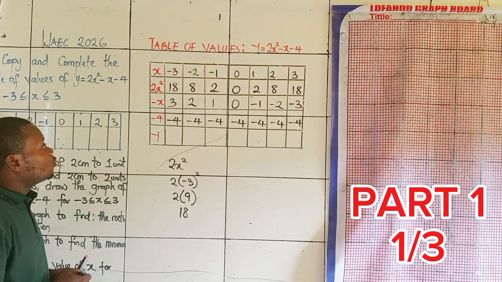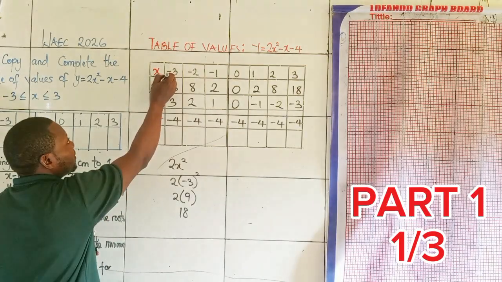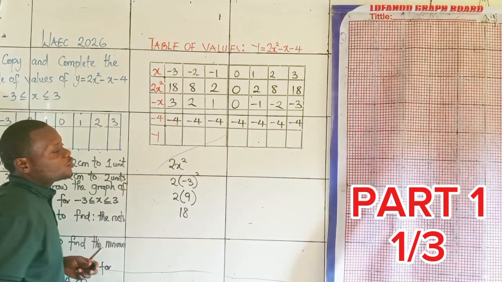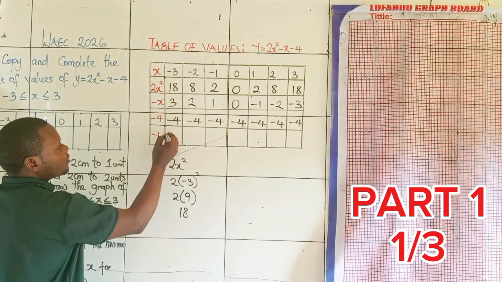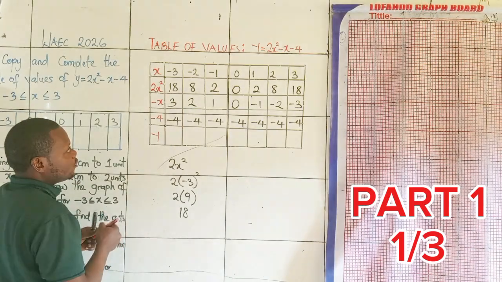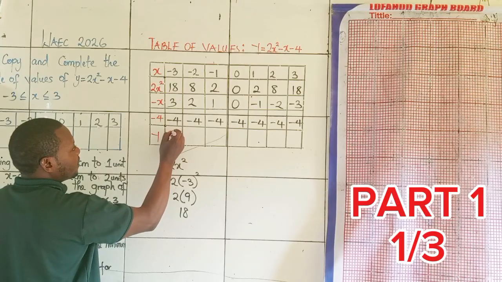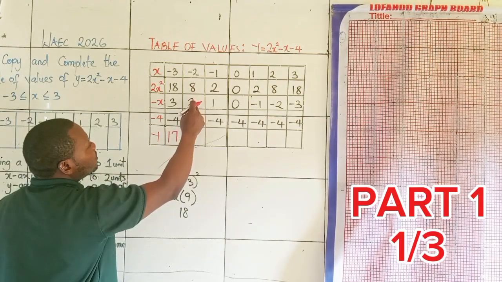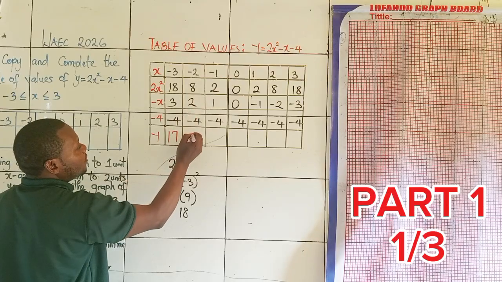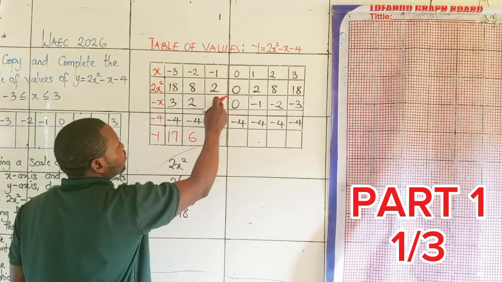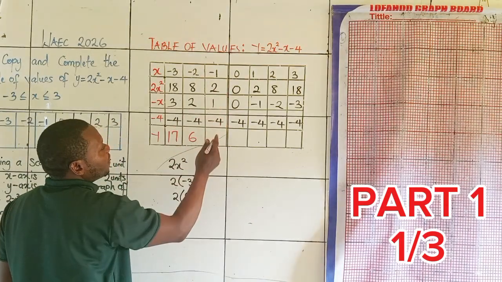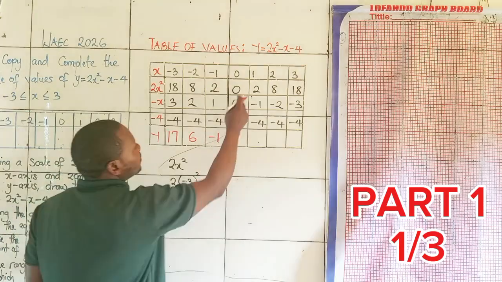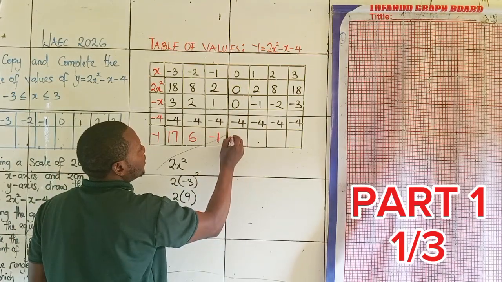Now, the next thing is to add these numbers together to get the corresponding values of y. To do that, you start from here and go up to this point. So we have 18 plus 3 is 21, and 21 minus 4 is 17. For emphasis sake, let me use the red marker, 17. Then 8 plus 2 is 10, 10 minus 4 is 6. 2 plus 1 is 3, 3 minus 4 is -1. 0 plus 0 minus 4 is -4.